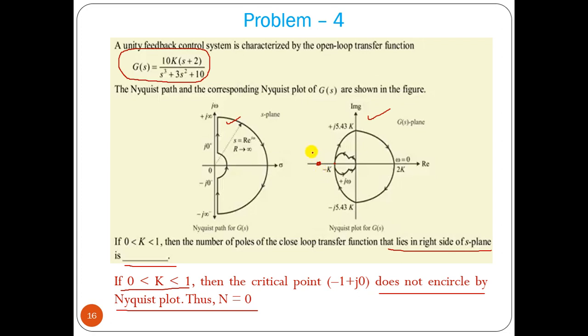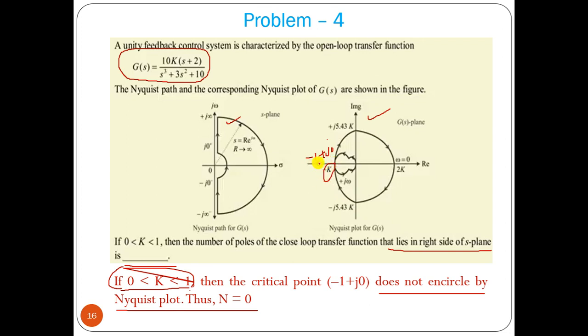That means if this is your minus 1 point, then 1 is greater than k. So k less than 1, that means this critical point is not encircled by the Nyquist plot if the range of k is from 0 to 1, because this is the point k.